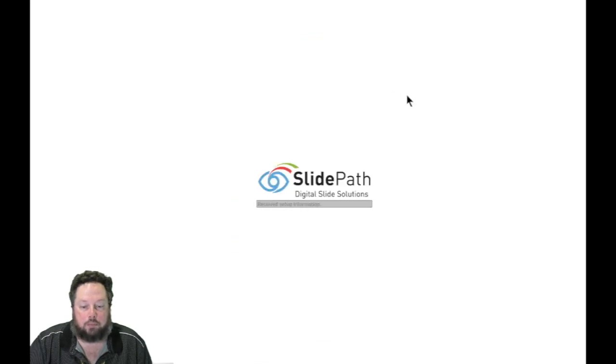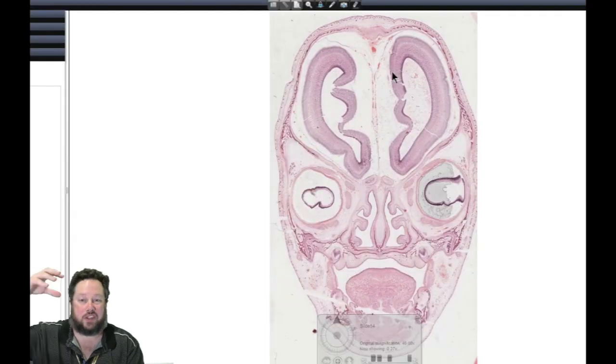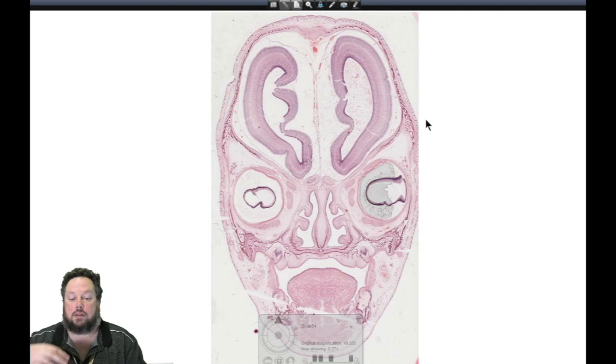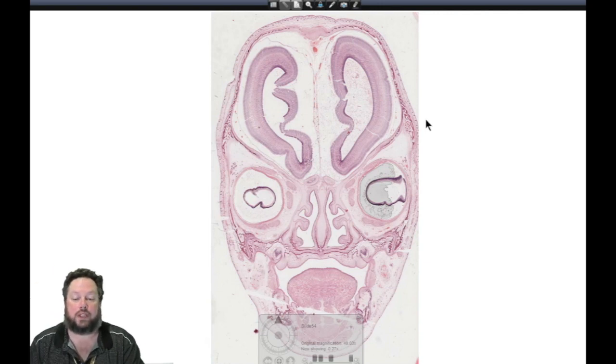So as we're saying, the fetal head here, we're going to have a look at developing teeth in the jaws. Now, teeth are actually made up of a number of components. So it has a crown on the surface, which is made up of enamel, and that's the hardest substance in the human body.